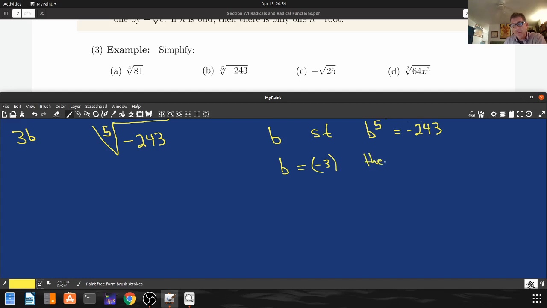Then minus 3 to the fifth is going to be equal to minus 3 to the fourth times minus 3, as I add exponents. Well, we just discovered that minus 3 to the fourth is, in this case, 81. And if I multiply that by minus 3, let's see what we get. 81 times minus 3. 8 times 3 is 24.